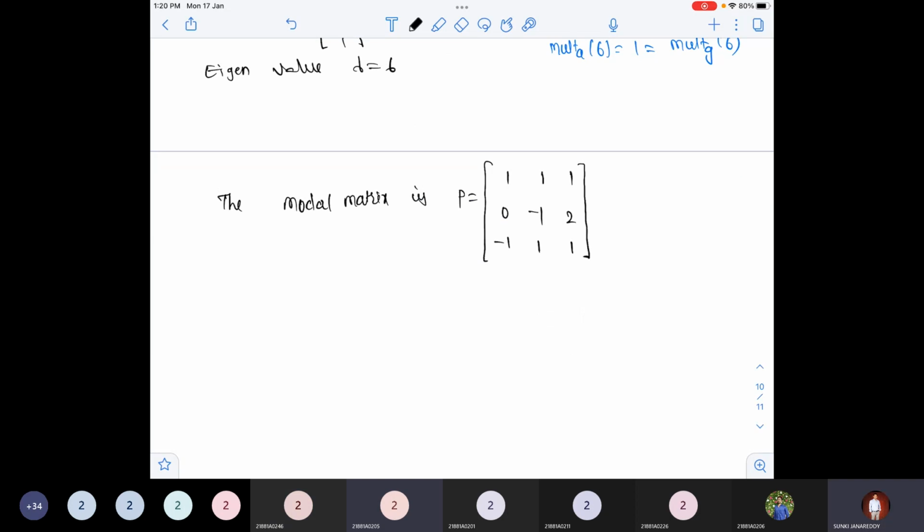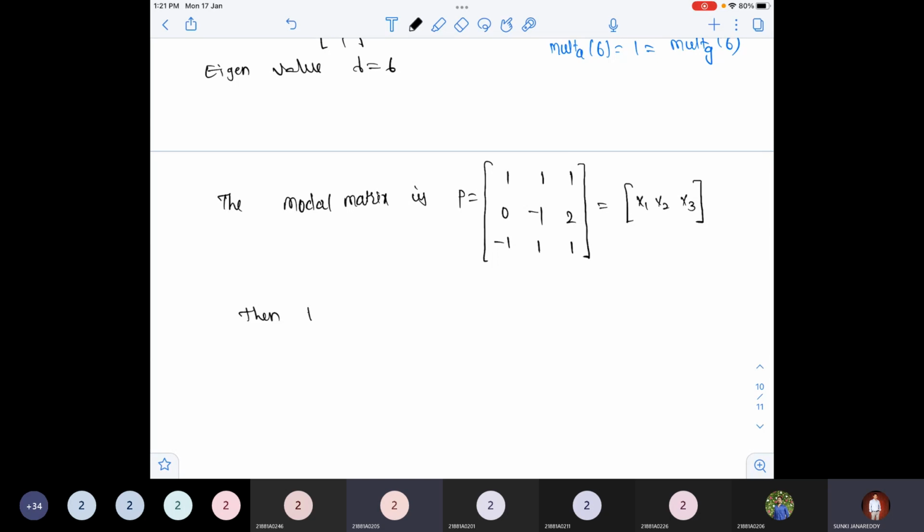I am writing x1 x2 x3. That means these are the eigenvectors we wrote column-wise, right? Now what is P inverse?